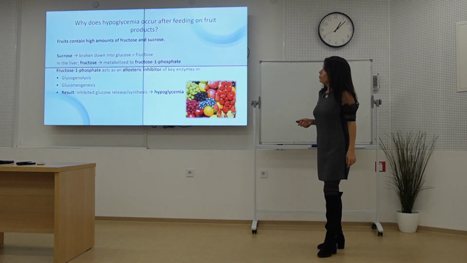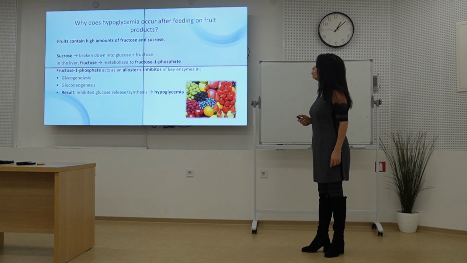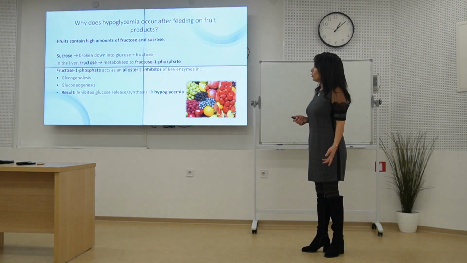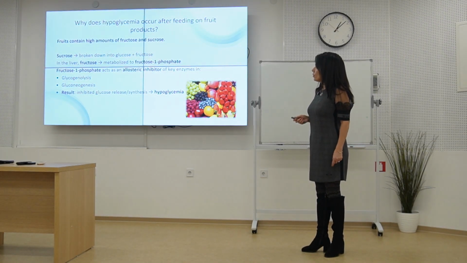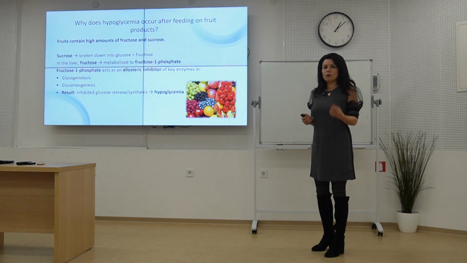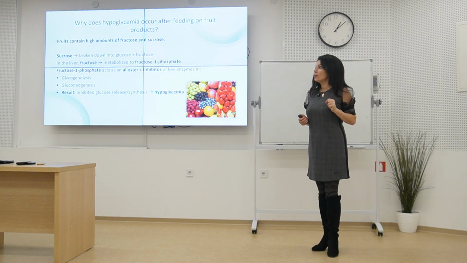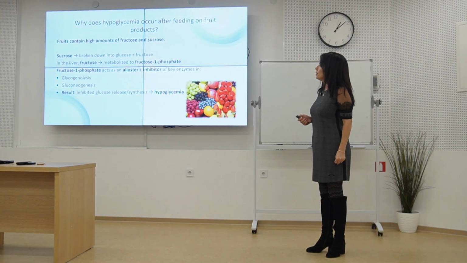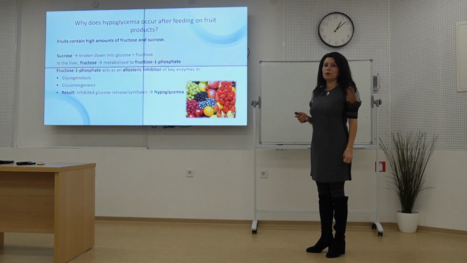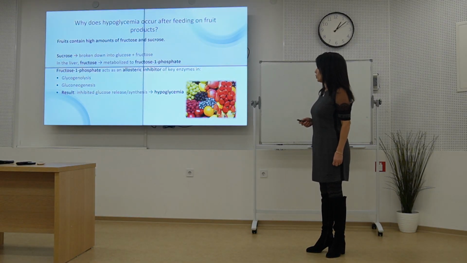But before that, the question: why does hypoglycemia occur after feeding on fruit products, after the fruit juice? Because, students, there is one first product after fructose metabolism, which is called fructose 1-phosphate. It is metabolized to this compound, but this is the allosteric inhibitor of key enzymes in glycogenolysis and gluconeogenesis, and the result will be hypoglycemia.